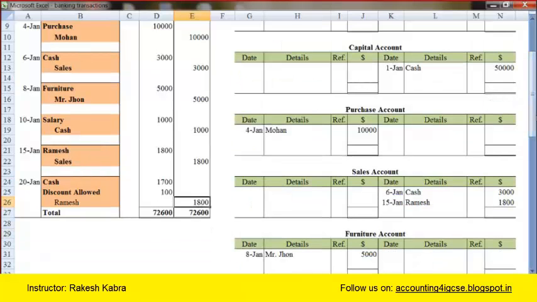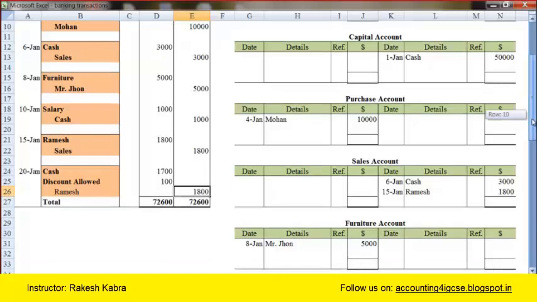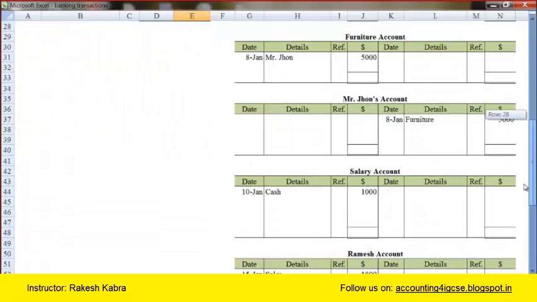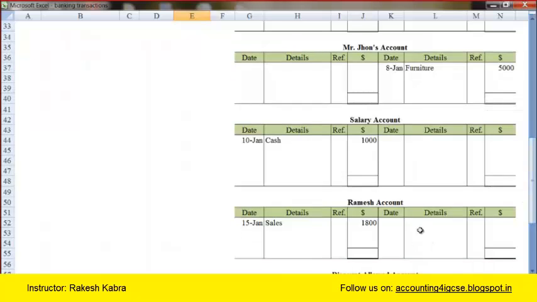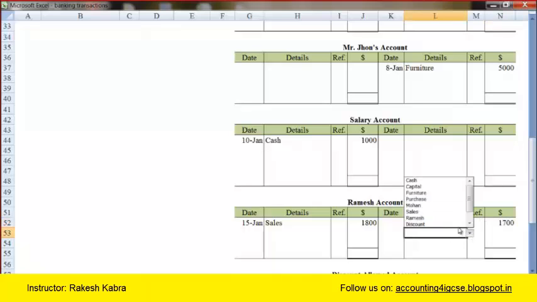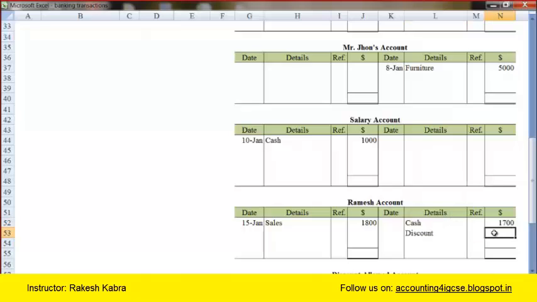In one go we can't write 1800. The total should be 1800. So see what I am doing here. In Ramesh account, first I will write the name of the opposite account, cash account, and how much amount? 1700. Then the other opposite account is which one? Discount allowed. How much? 100. So see, in the Ramesh account, on the credit side 1800 came now automatically. 1800 should be there.